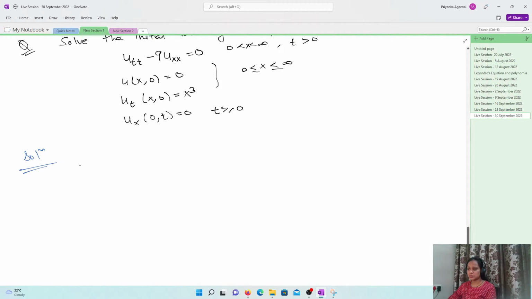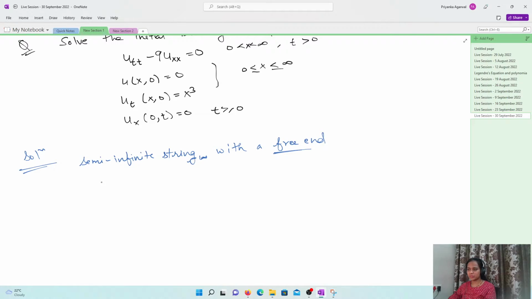So again, this problem is of the type semi-infinite string, but with the free end over here. It's not fixed. Last time it was fixed.